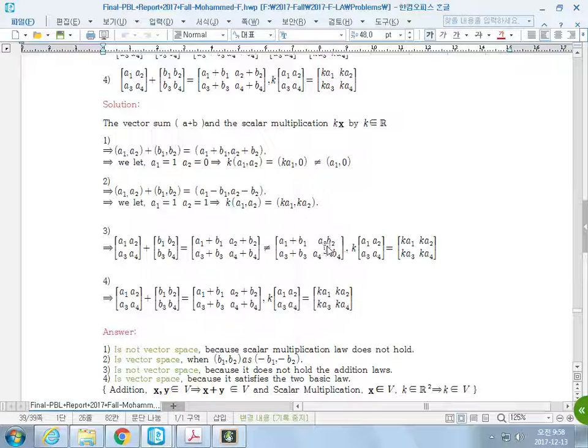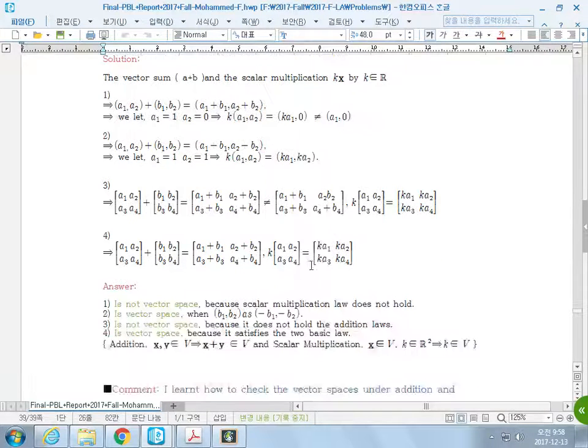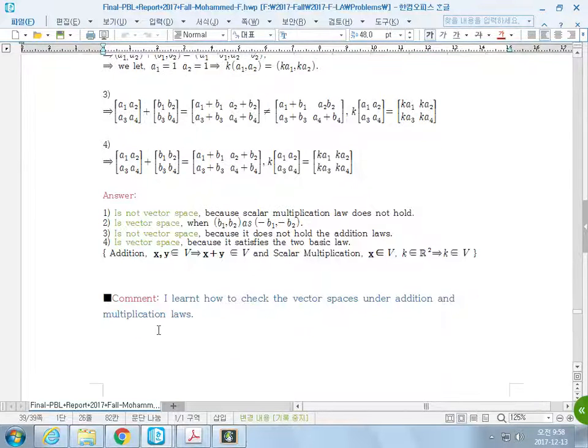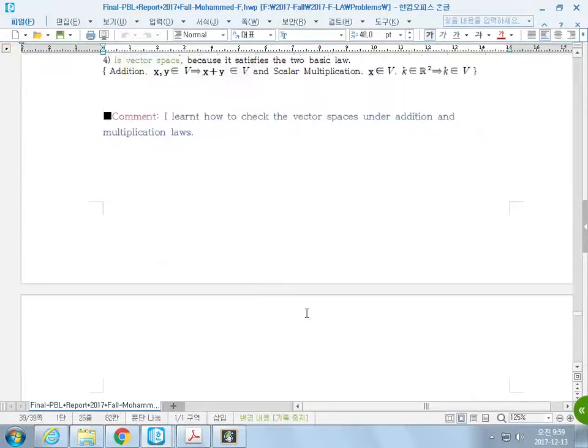As you see here, it is A2 multiplied by B2, but in case of the addition, it must be A2 plus B2. In the last one, it is a vector space because it satisfies the two basic laws. Okay. In the comment, through this problem, I learned how to check the vector space under addition and multiplication law.